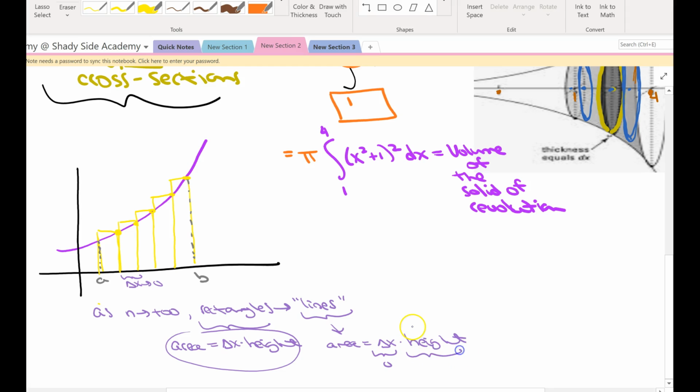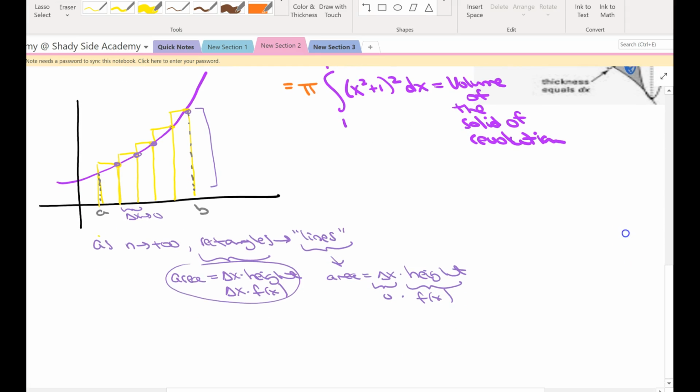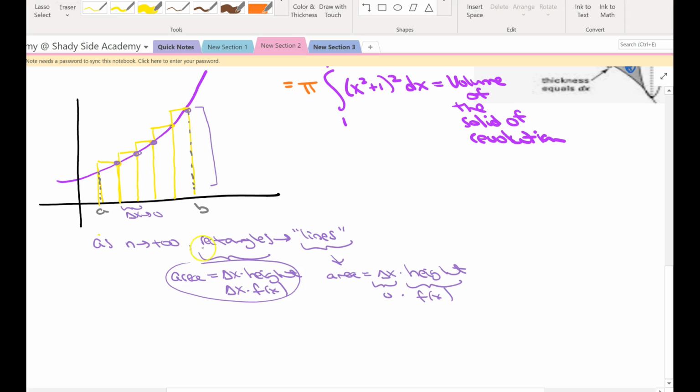And this height, we know the height is gotten by some function value, right? Because it's the vertical space from the x-axis to the function. So in both of these cases, it's delta x times f of x, 0 times f of x, if you will. But again, the idea here is that delta x is approaching 0.